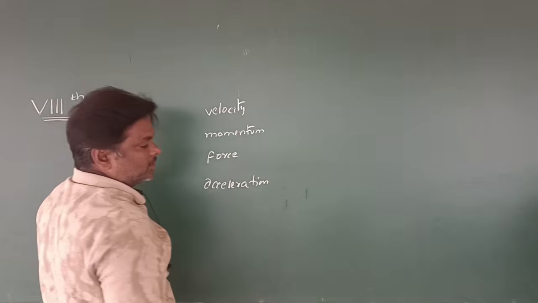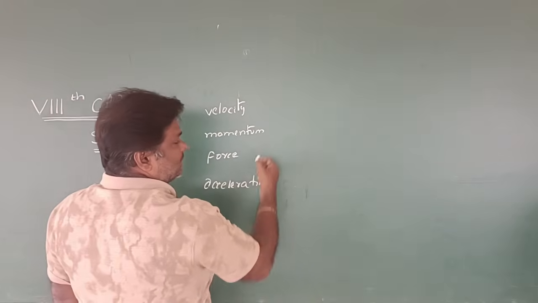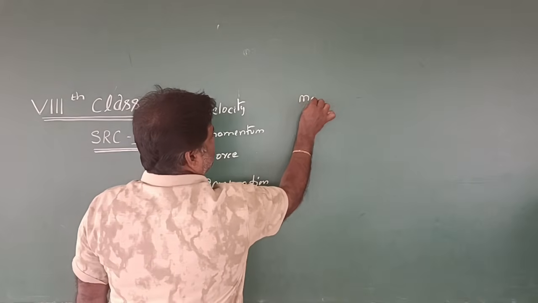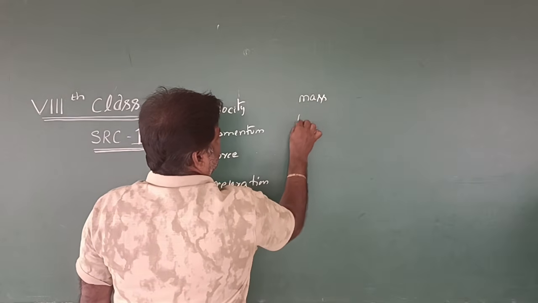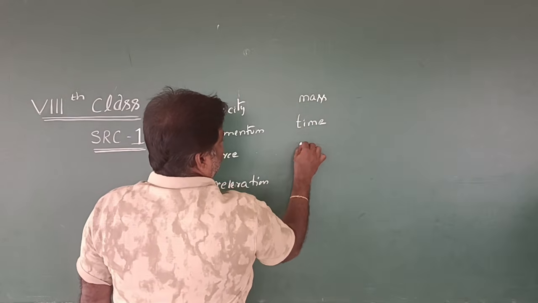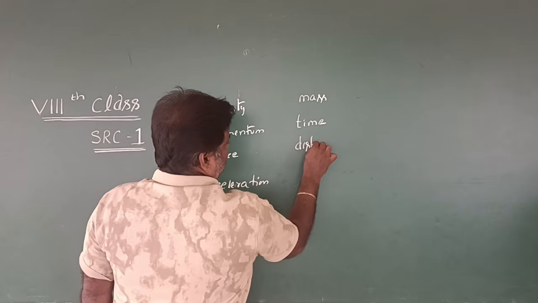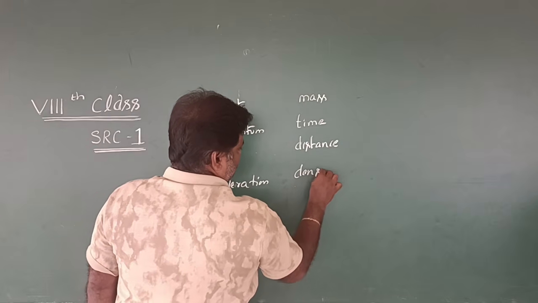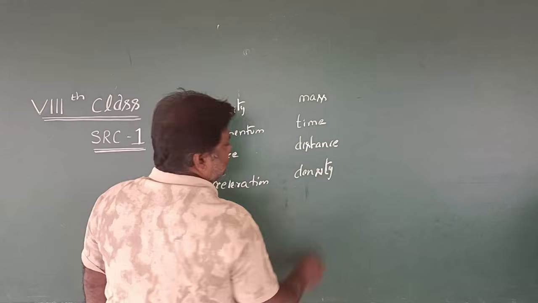So we have a lot. And some physical quantities don't have direction: mass, time, distance, density.